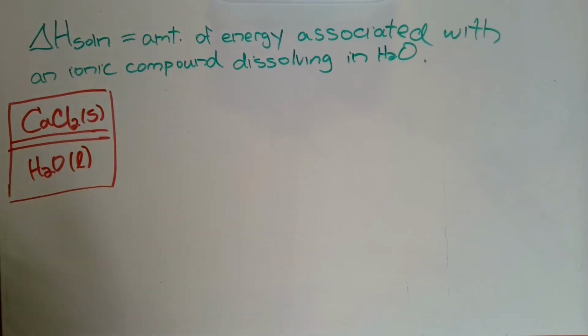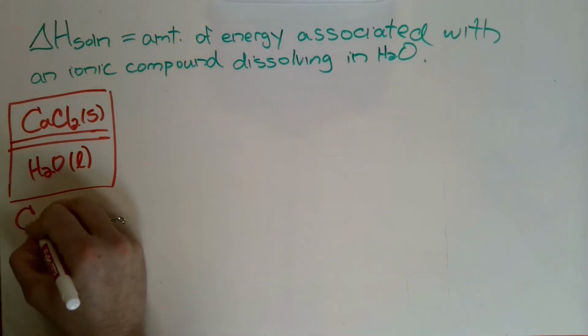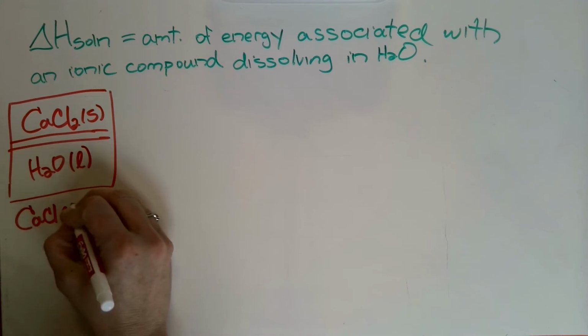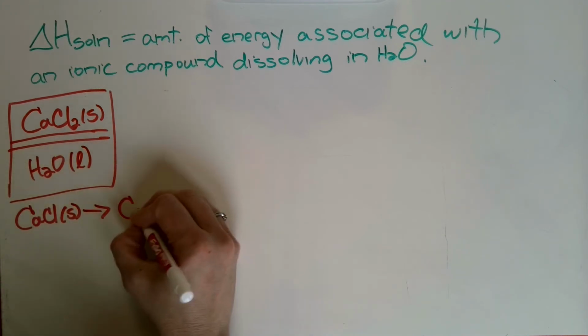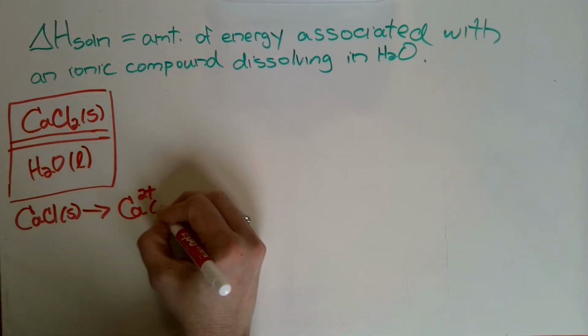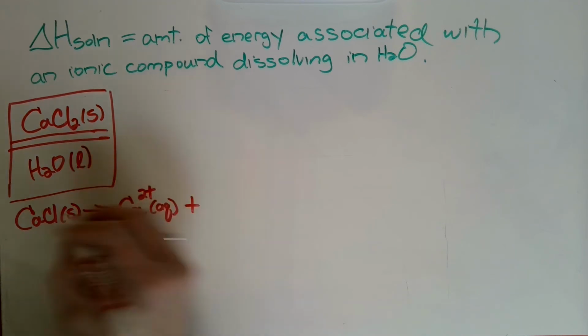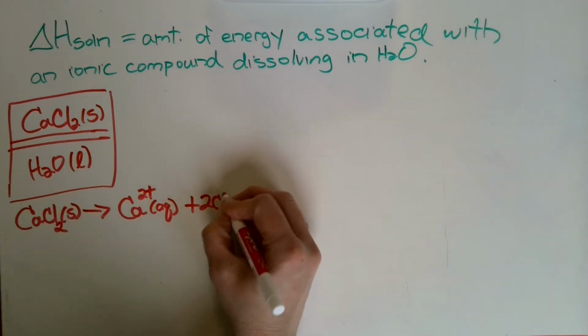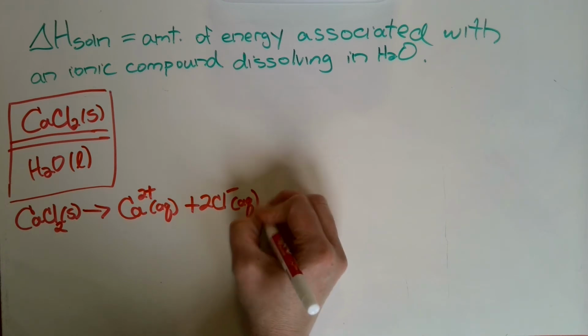When you need the hot pack, you break the membrane, the calcium chloride dissociates into ions, and then the water becomes hot and you can use it as a hot pack. One way to write this reaction would be calcium chloride as a solid gives you calcium ions in solution and chloride ions in solution.